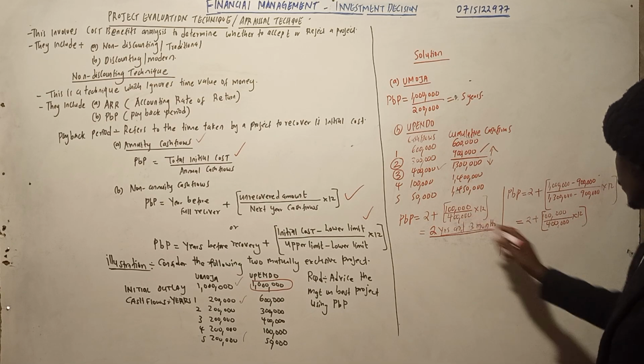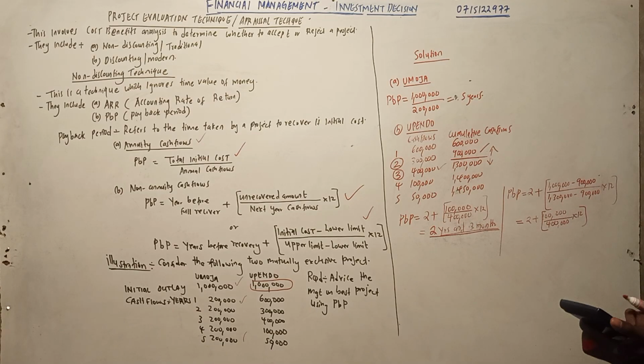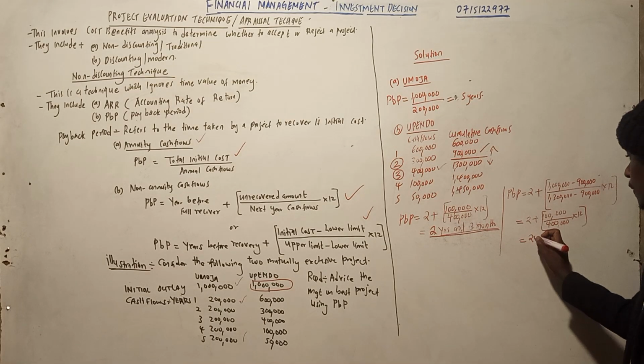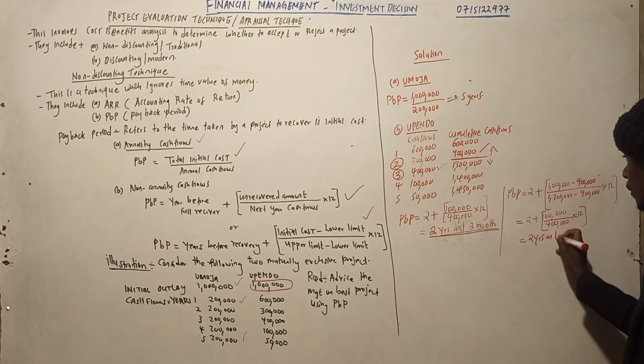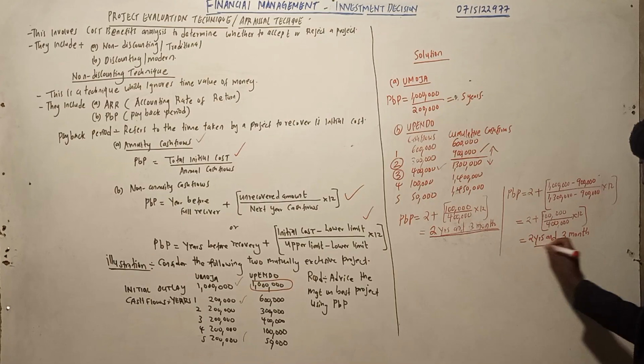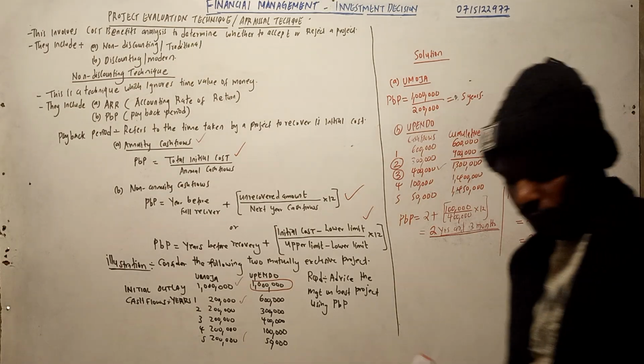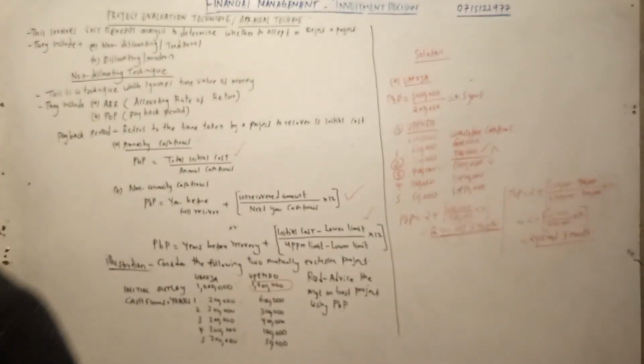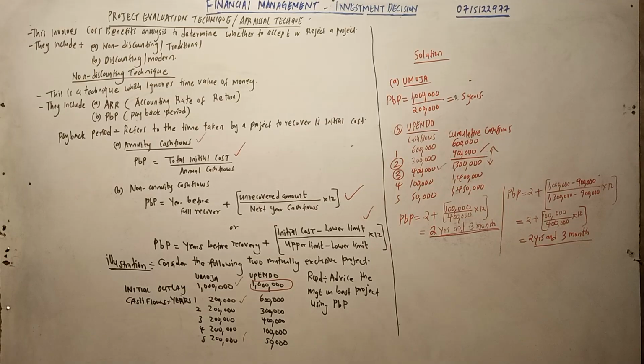It will give us the same answer. So we have gone back there, 1.3 minus 900, which is correct. So it will give us the same answer, 2 years and 3 months. So you can use that one also.